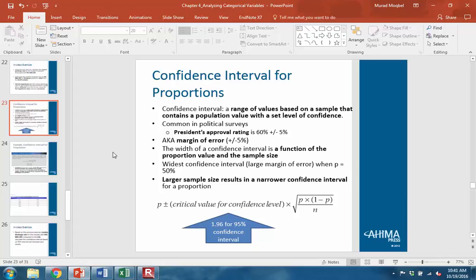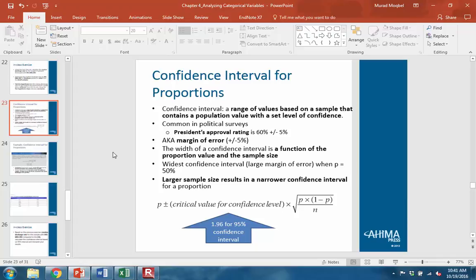We identified that there are two types of categorical variables: nominal and ordinal. And we said that in order to apply descriptive statistics for categorical variables, we will need to report the frequency, meaning the count, as well as the percentage or the rate for each.